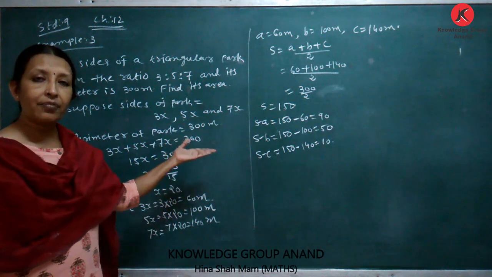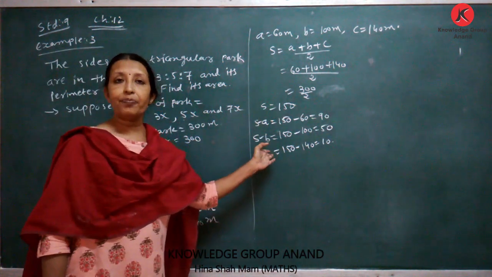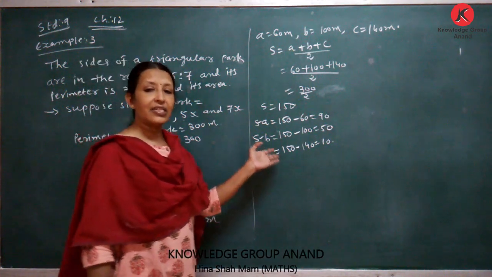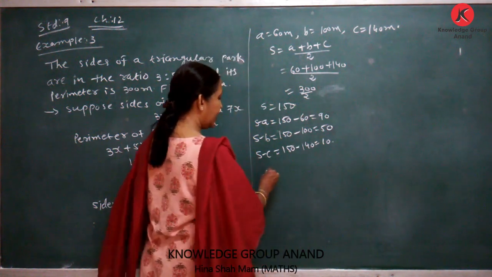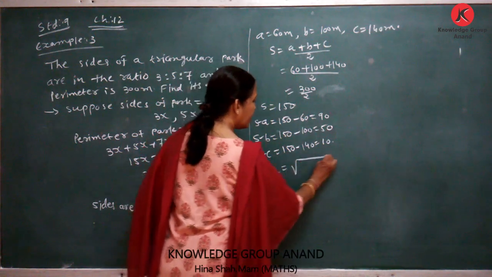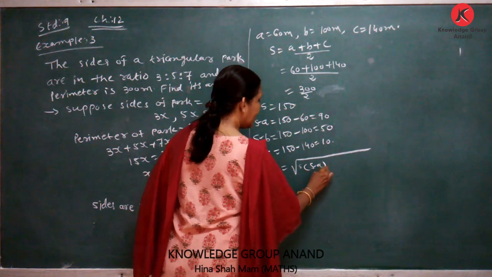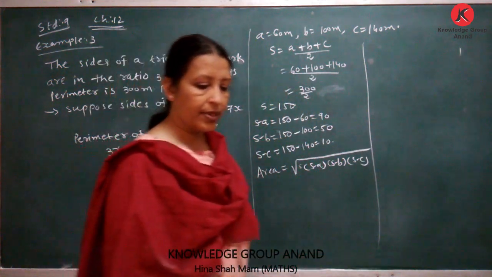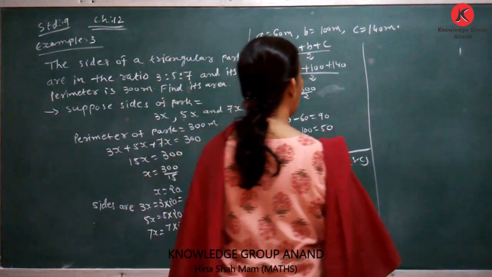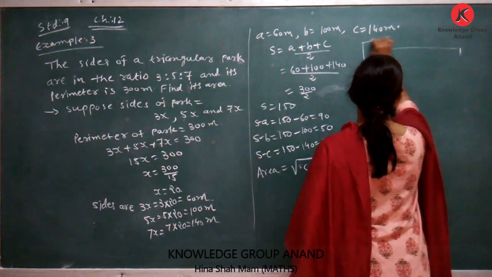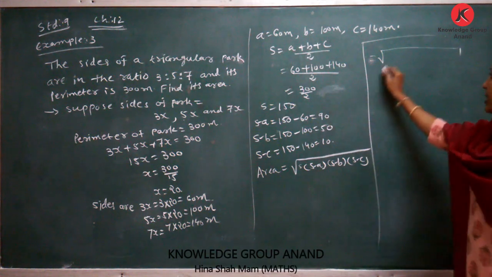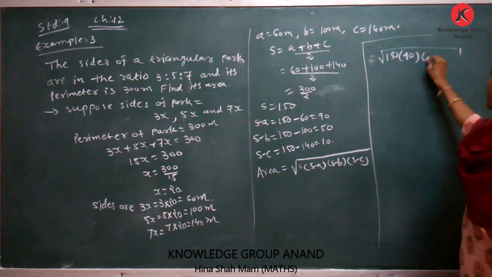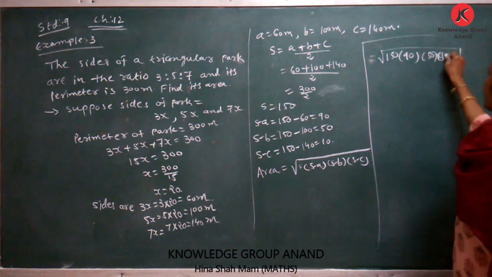Now we apply Heron's formula for the area of a triangle: under root S, S minus A, S minus B, S minus C. Then area is equal to under root 150 into 90 into 50 into 10.